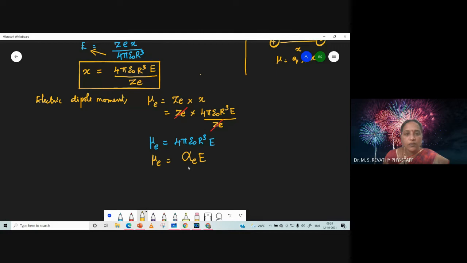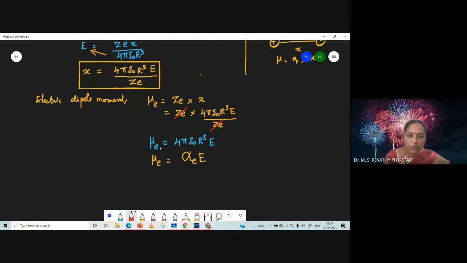So, in the beginning, we have seen these equations. Okay, as the electric field increases, the possibility of creation of the dipoles also increases. Hence the proportionality, because both are directly proportional, and the proportionality can be replaced by a constant which is called electronic polarizability. Now what shall we do? I need an expression for alpha E. What can I do now? I can just compare both expressions.